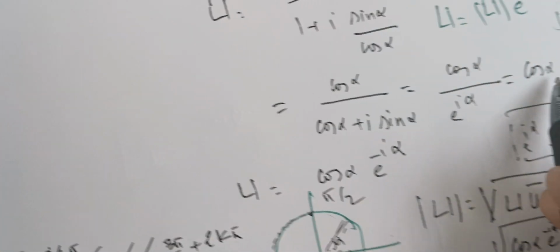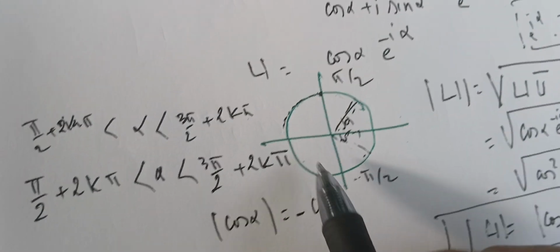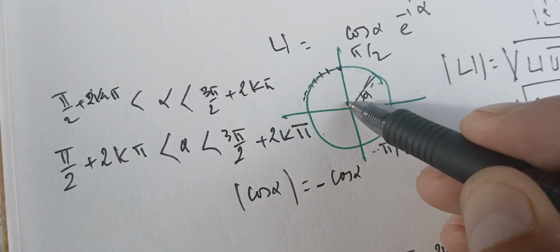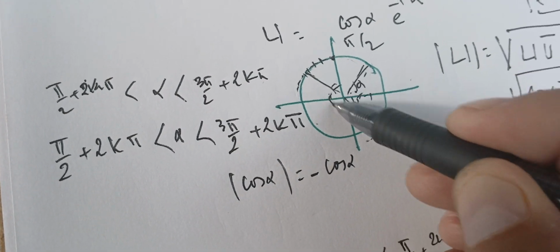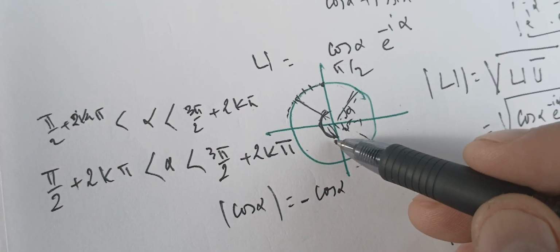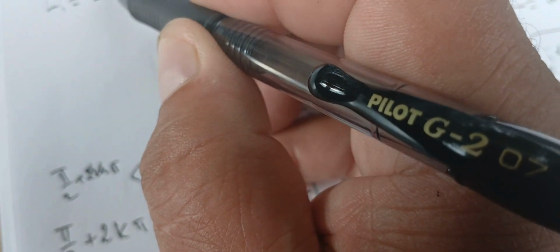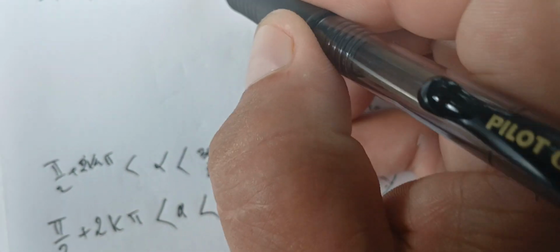Now to write this in exponential form when alpha is in this part, u is going to be minus cosine alpha times minus 1 times e to minus i alpha.